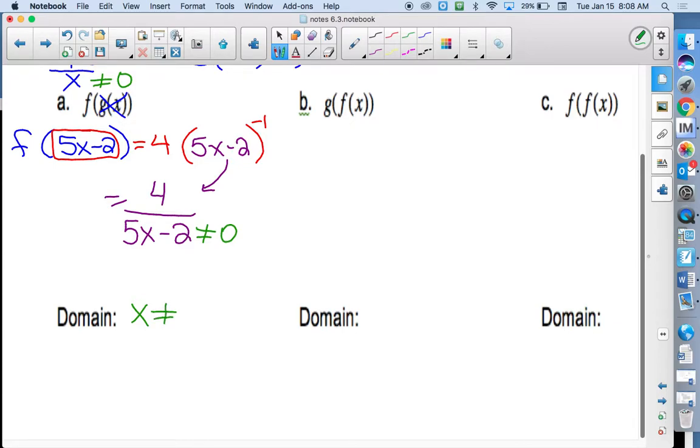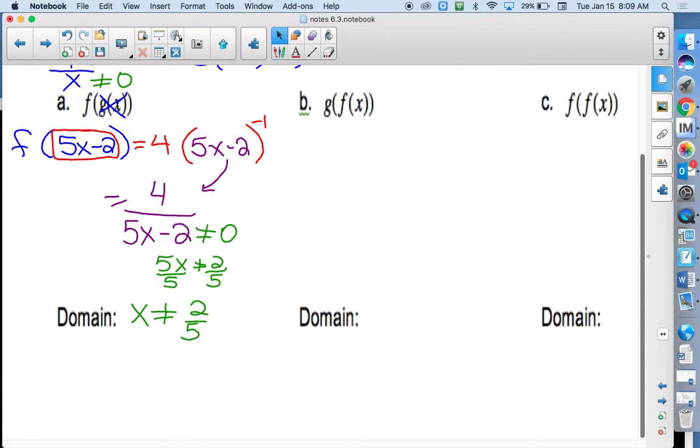Get x by itself for the denominator. It cannot be 2 over 5. So taking the 2 to the other side, dividing by 5, that's how you're finding that number. You're solving for x. Melanie, do you know how you would write that then in interval notation showing it cannot be 2 over 5?